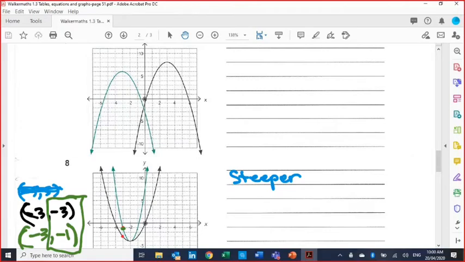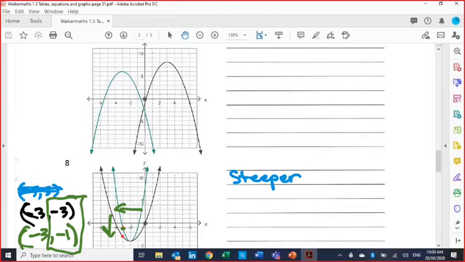Mr. Stealth. Yes. The black one, was that -3 and -3, or +3 and -3? No, because we went left and then down. Oh, right. So -3, -3. Okay.